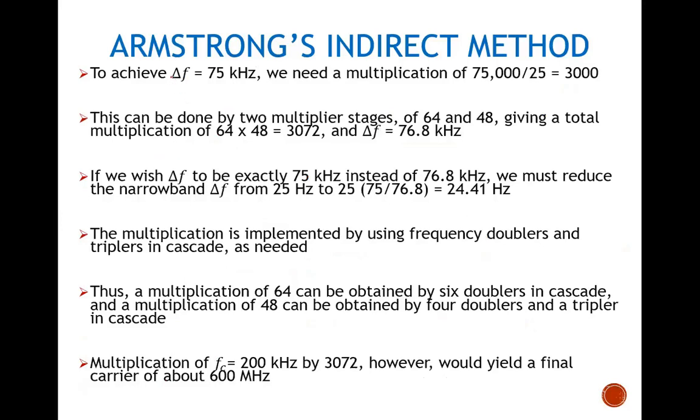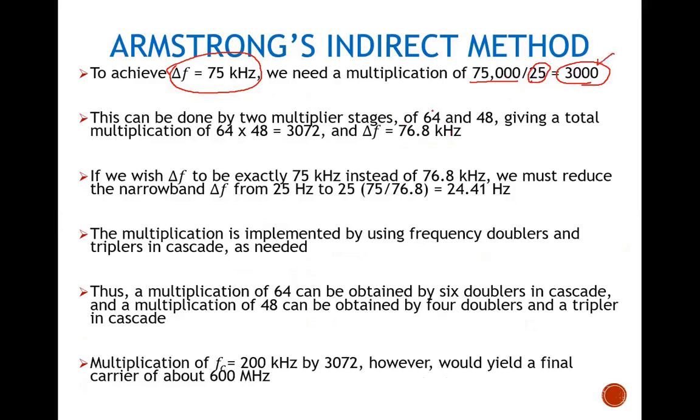Now to achieve a delta F of 75 kilohertz, remember we start with 25 hertz and we want to achieve 75 kilohertz. The multiplication factor is around 3000, which is in fact equal to 3000 because 75 kilohertz is the output and 25 hertz is the start. When we divide this, we get a multiplication factor of 3000.